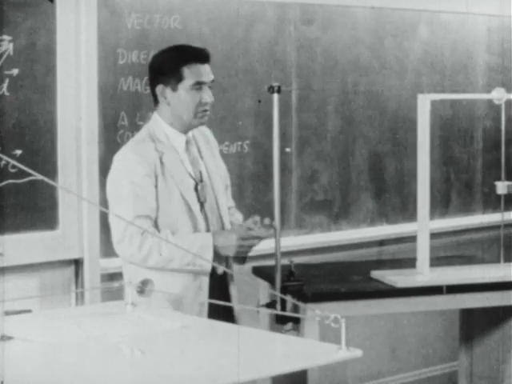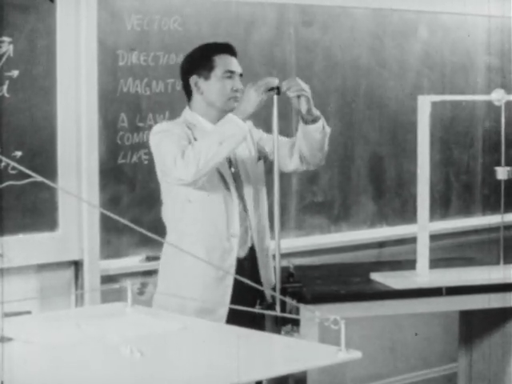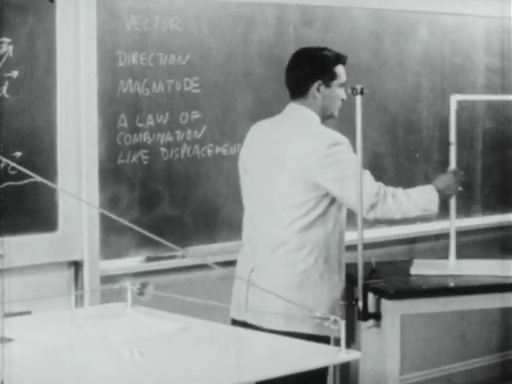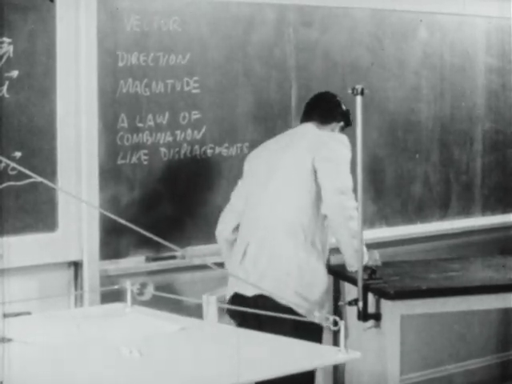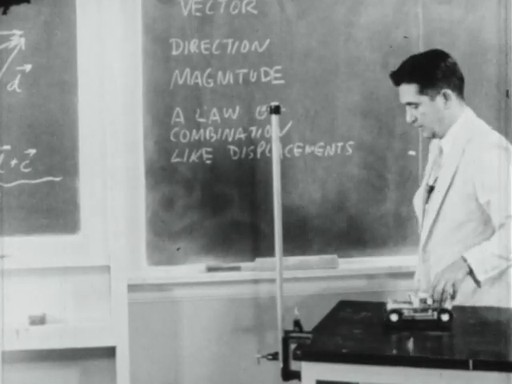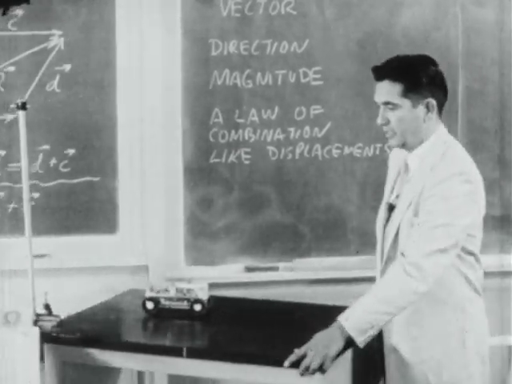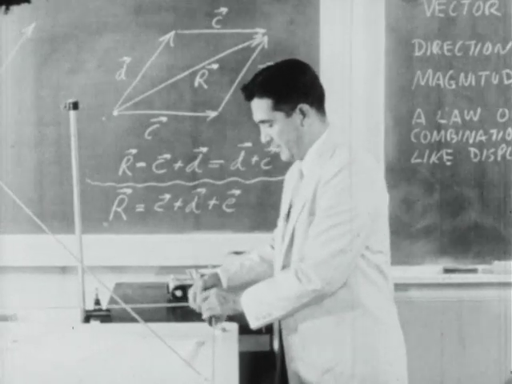Let me show another illustration that has to do with velocity. Now let me just move this over here. I want to use one of these pegs as an indicator. I've got to have this clear.